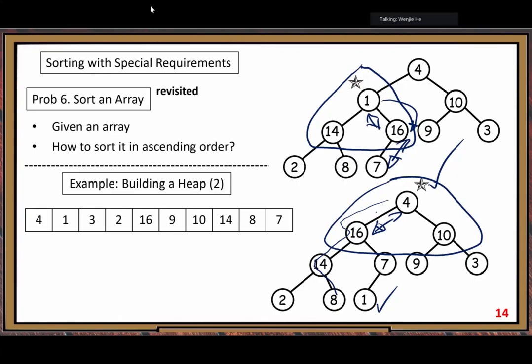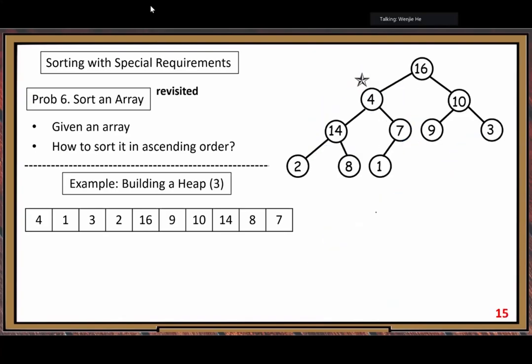After you finish all the local triangles in this order, bottom up, in each level from right to left, following the natural order, at the end you will get a max heap object.